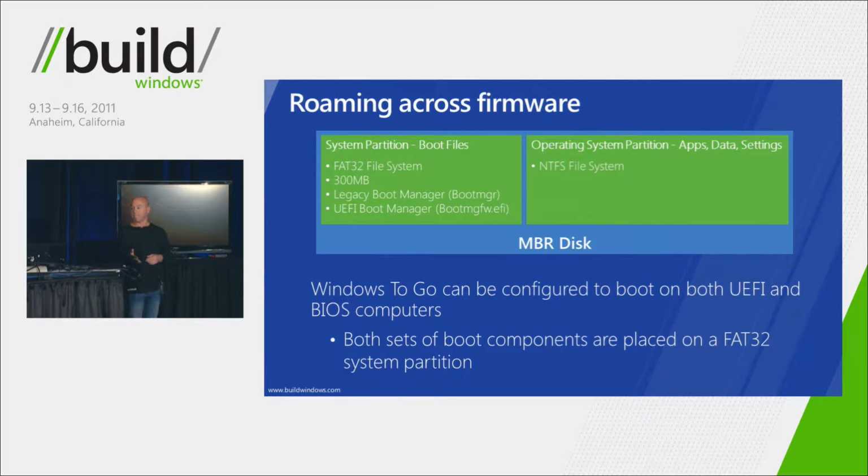We enabled this scenario by putting both sets of boot components in the system partition, so that you can create a firmware roamable deployment. In fact, that's our default deployment. You can move from a legacy BIOS machine to a UEFI machine, and it's completely transparent.